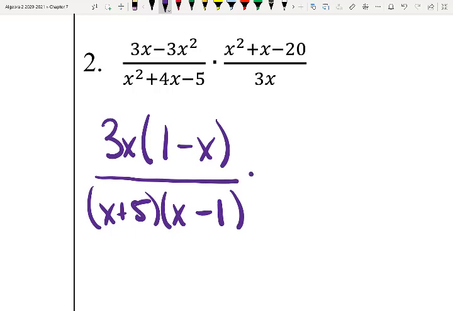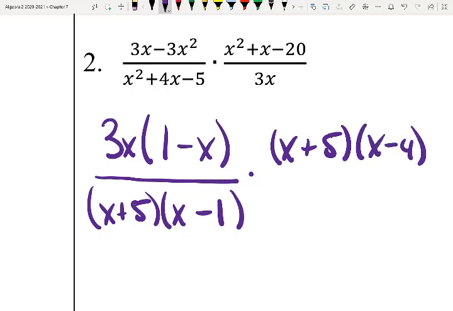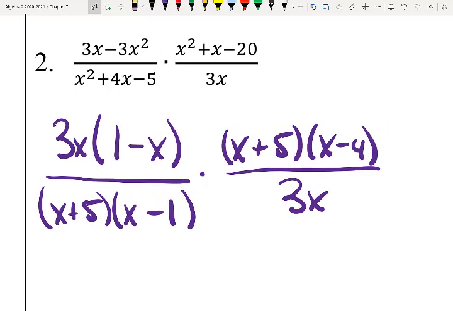In my second fraction, x squared plus x minus 20, positive 5 and negative 4 add up to 1 but multiply to get negative 20. And then down below, 3x is just 3x. There's nothing that we can do with that. So that's factored out as far as I can go.